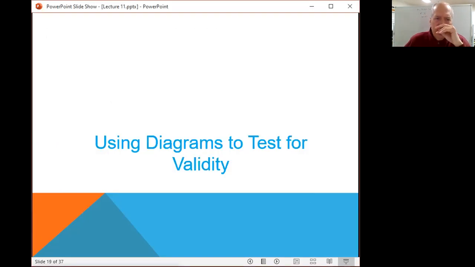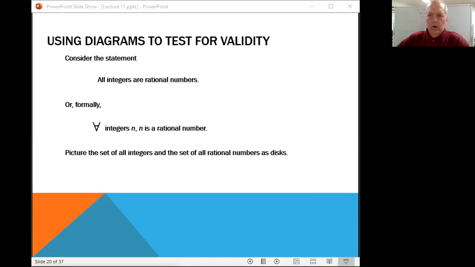Let's look at a couple of ways we can test for validity. One way we might start with is a visual technique: diagramming. We can use diagrams to help us test for validity at an intuitive level. So we might start with this universal statement: all integers are rational numbers. So we could say, for all integers n, n is a rational number.